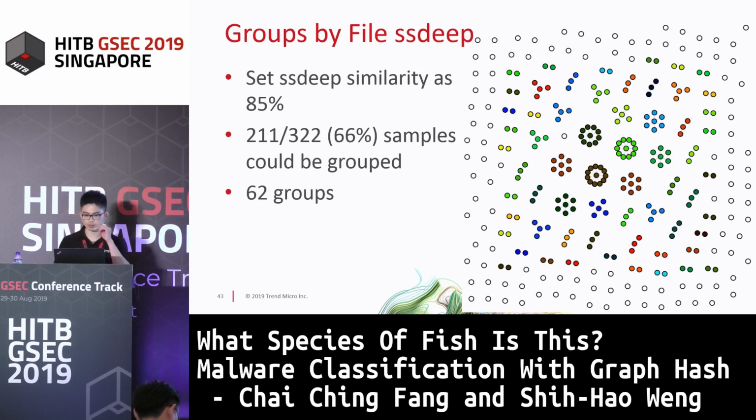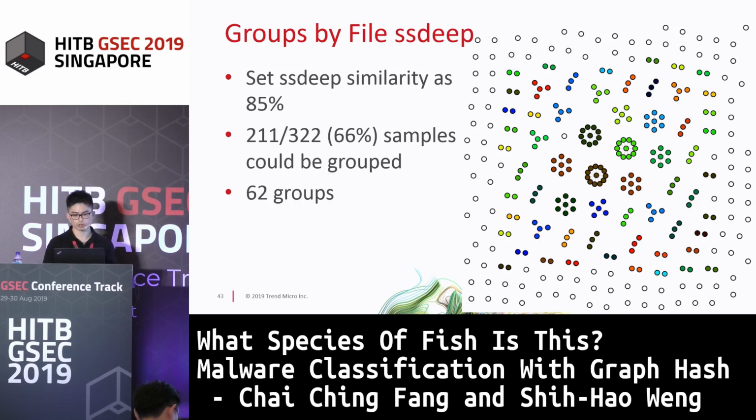And then this is a result by file ssdeep. So you can see the screenshot on the right side. Different colors means different group. The sdhash similarity rate is 85%.